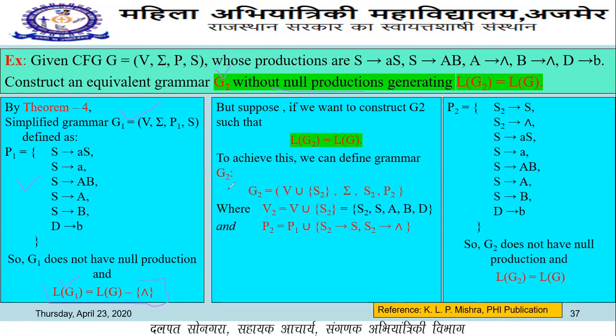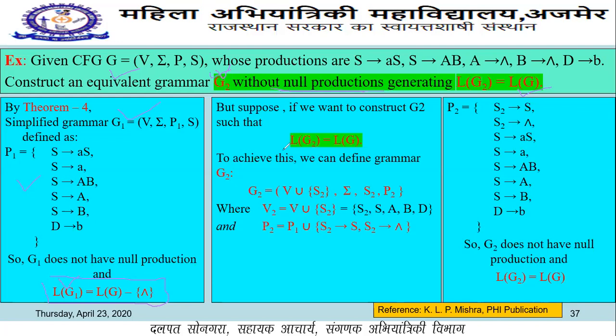But suppose we want to construct a simplified grammar G2 corresponding to the given grammar G that does not have null production and that generates a language equal to L of G. What we want to say here is that because L of G has the null string, the corresponding simplified grammar or language should also contain the null string.